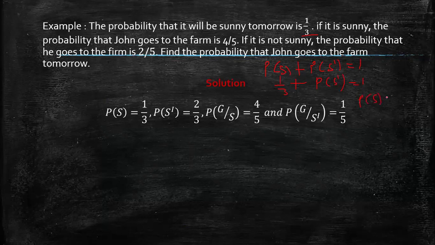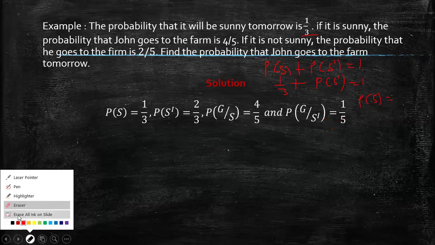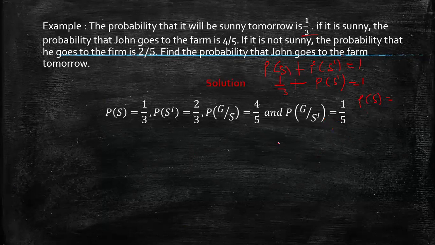So the S prime gives us 1 minus a third, which is 2 out of 3, like the way we have it here.